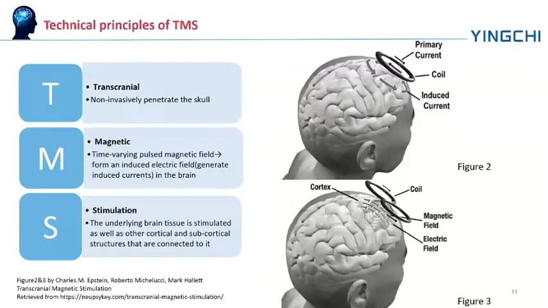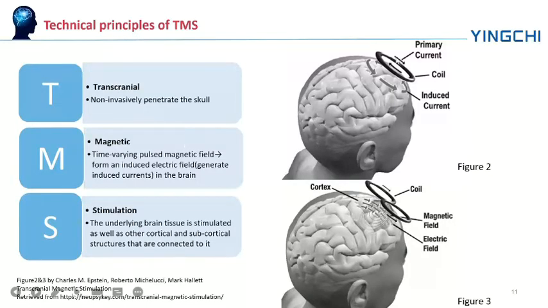We have mentioned before that electromagnetic induction is a basic physical principle of TMS. So the time-varying pulsed magnetic field forms an induced electric field in the brain, which generates induced currents. This current is small, so it is safe.